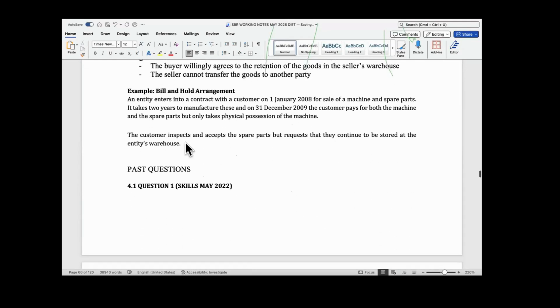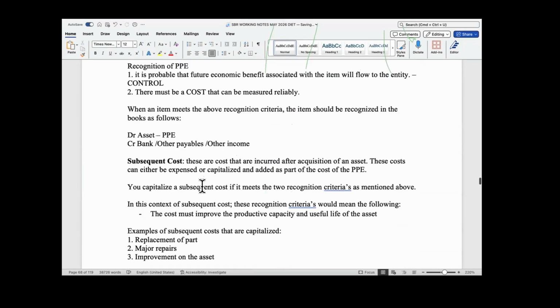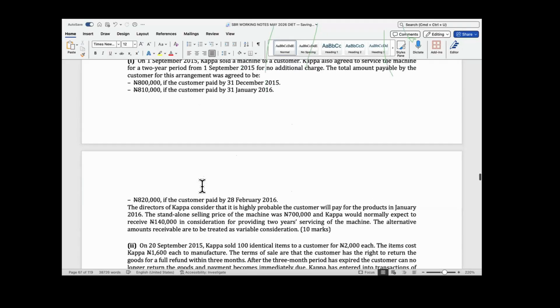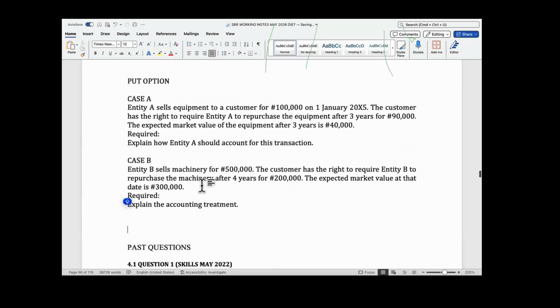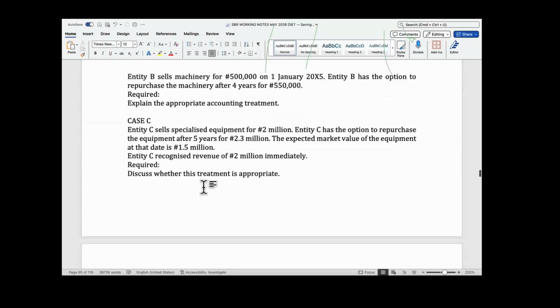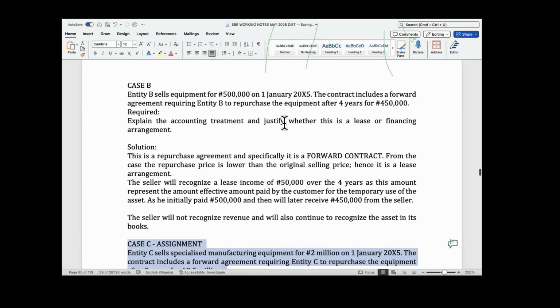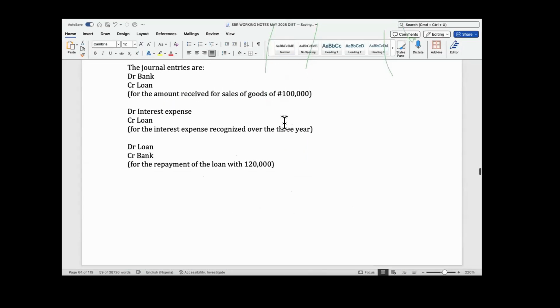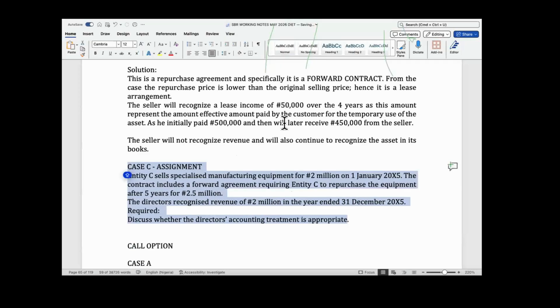Then we would need to solve some past questions also. I will share this material with you. Go and look at this case C and revise what I've explained so far.